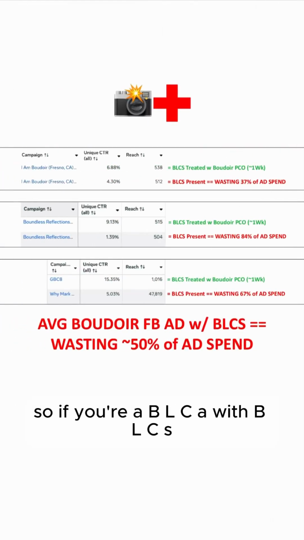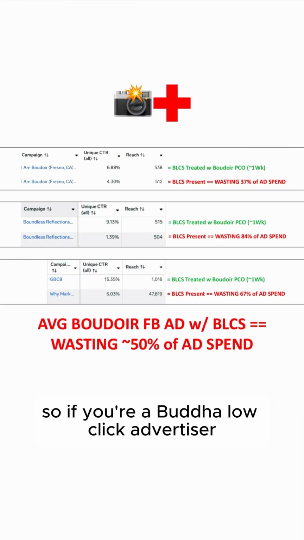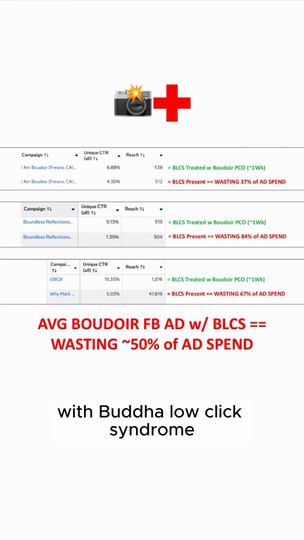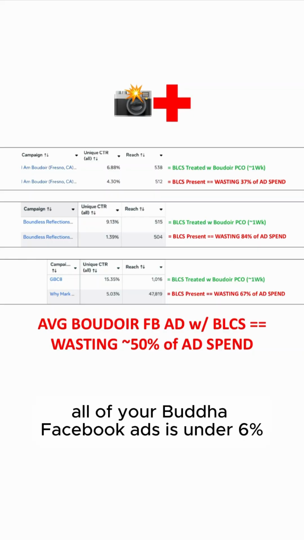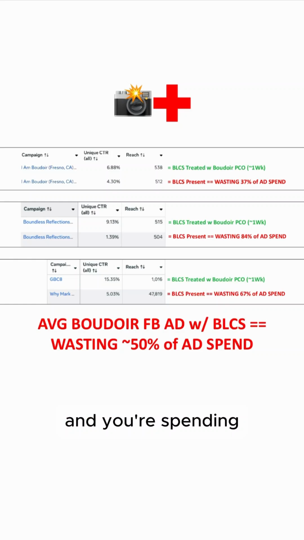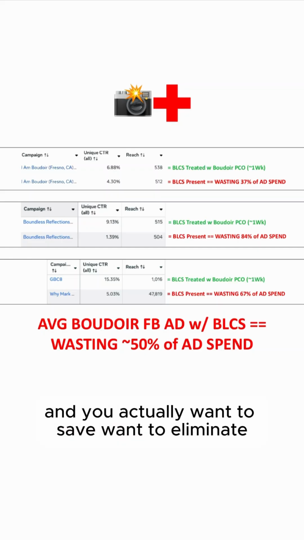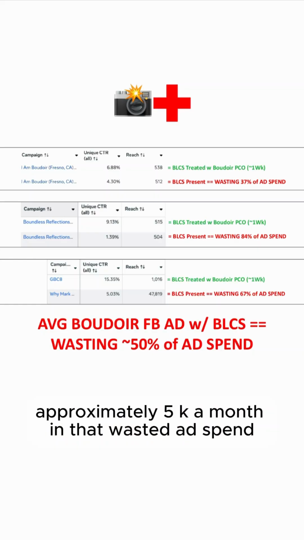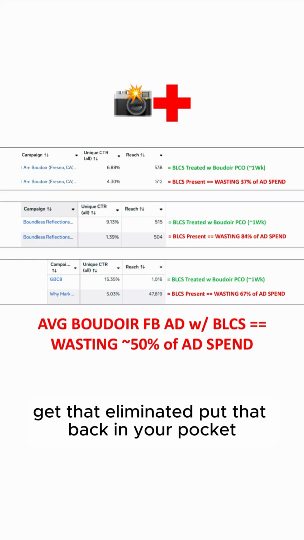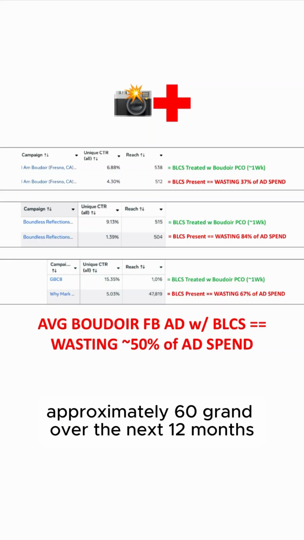So if you're a BLCA with BLCS, so if you're a Boudoir low click advertiser with Boudoir low click syndrome, your unique CTRL of your Boudoir Facebook ads is under 6%, and you're spending more than 10 grand a month on Boudoir Facebook ads, and you actually want to eliminate, get rid of, put back in your pocket approximately 5K a month in that wasted ad spend, approximately 60 grand over the next 12 months.